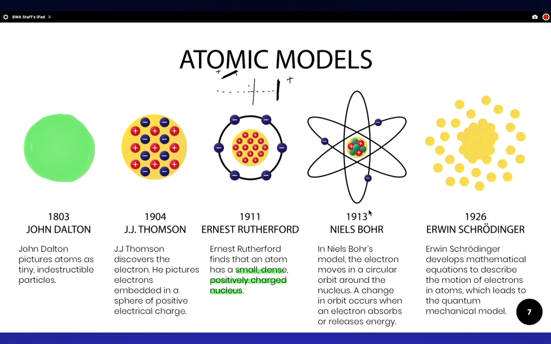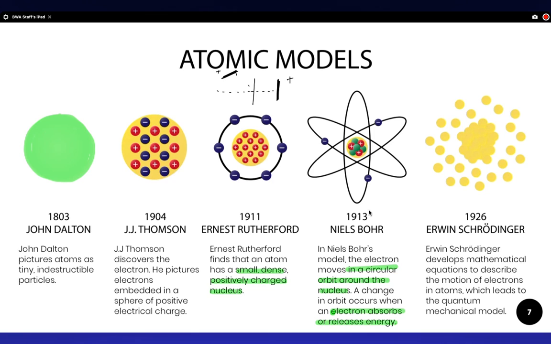Then Niels Bohr discovered that the electrons that are outside the nucleus actually move in a circular orbit around the nucleus. And the electrons can jump from one orbit to another when an electron absorbs or releases energy.